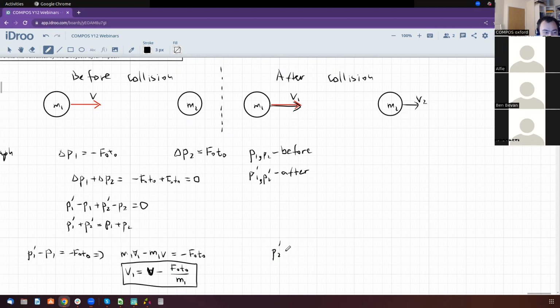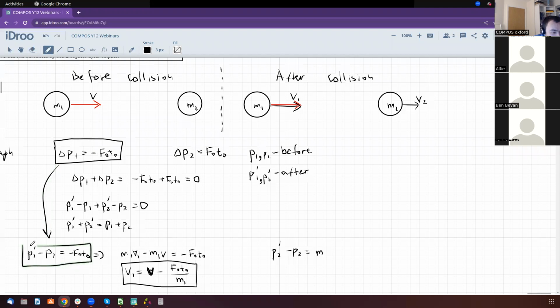So P2 prime minus P2 is equal to, so this is the initial equation. We rewrite it like this. And then we rewrite it like this.